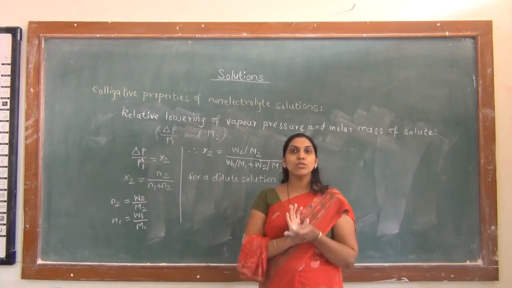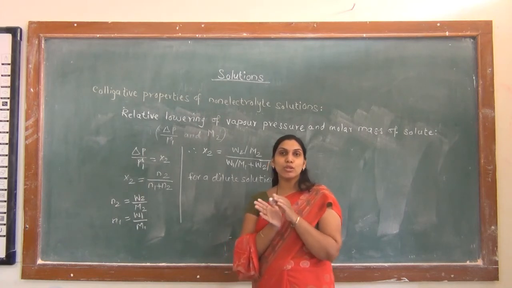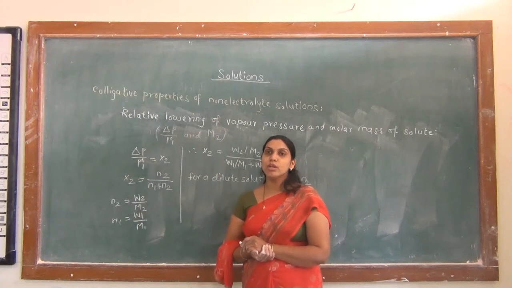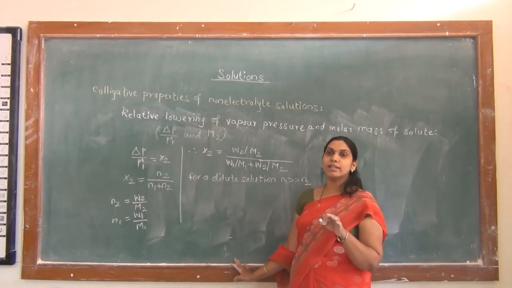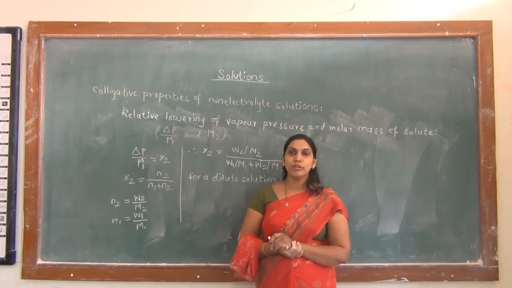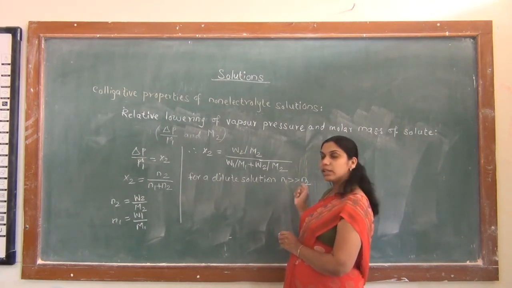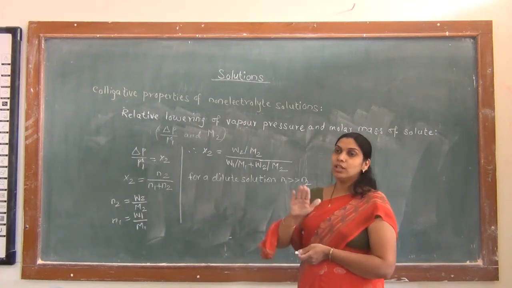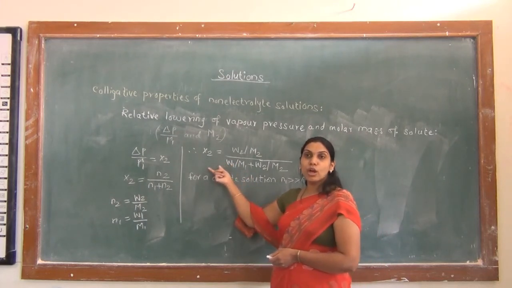A solution is called dilute when the number of moles of solute is very less as compared to the number of moles of solvent. So, in a dilute solution, there is always a greater number of moles of solvent as compared to solute. And hence we say that for a dilute solution, n1 is greater than n2. And as n1 is much greater than n2, the n2 part can be neglected from the equation of x2.